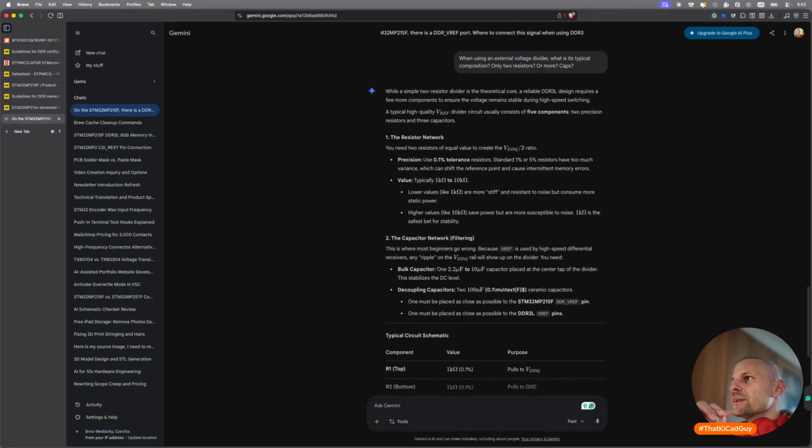Okay, and they say 0.1% tolerance resistors. Yeah, that can be done.